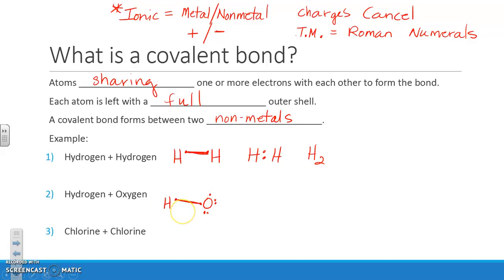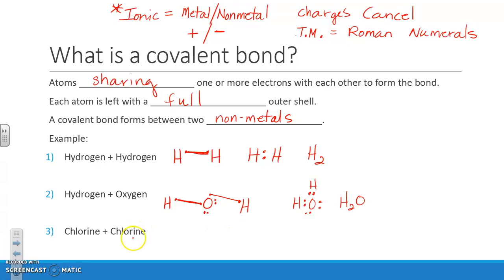And oxygen's like, that's cool and all, but I still need another electron. So you need to call your buddy up and tell him to come over here and share another electron with me, so that way we're all happy. I know you guys love my voices. So hydrogen calls his buddy. They end up sharing, and that's how we end up making water. We've got hydrogen sharing an electron, hydrogen sharing an electron, and they're all happy.